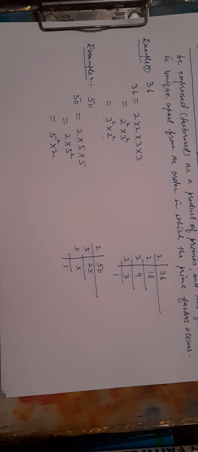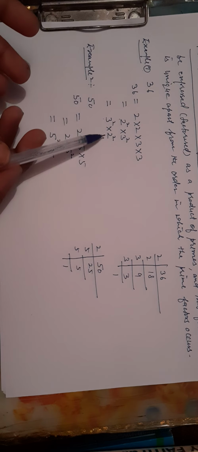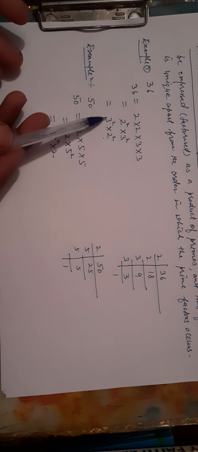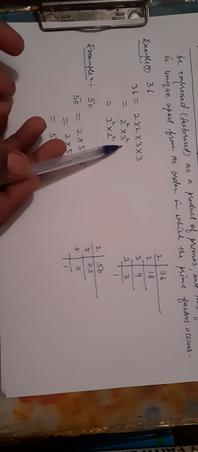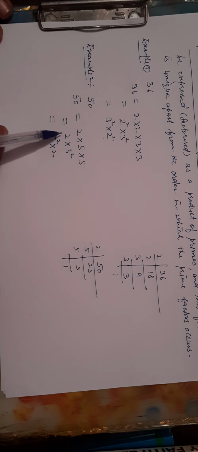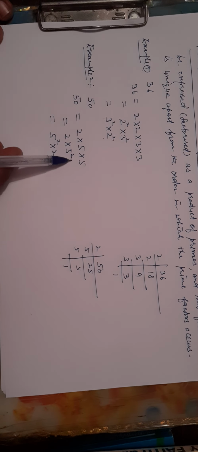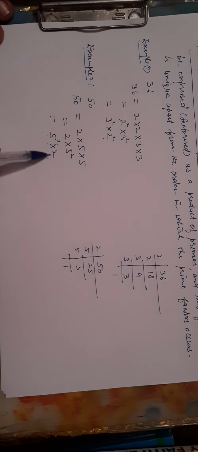Every composite number can be expressed as a product of prime factors, and this prime factorization is unique. Apart from order, we can leave the order. Order can be changed. 2 raised to power 2 can come first, 3 raised to power 2 can come later. Similarly, 2 can come first, 5 raised to power 2 can come later. Or we can write 5 raised to power 2 first and then 2. Order we can change, but the numbers will remain same, only their position will be changed.